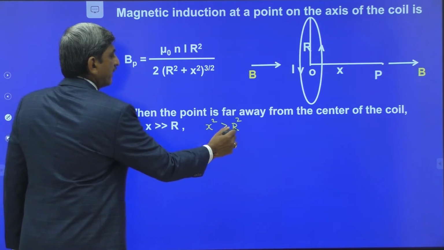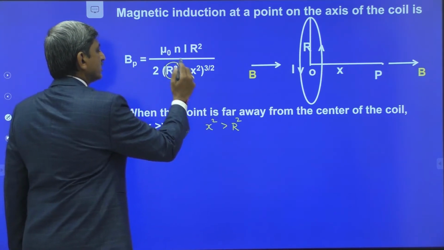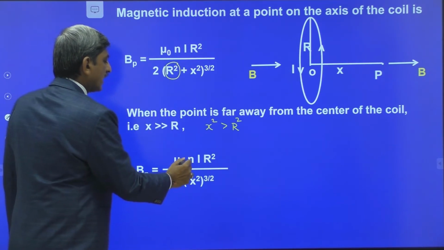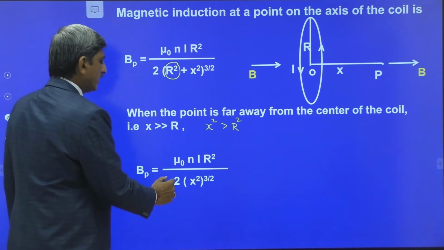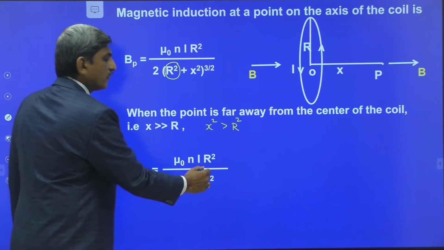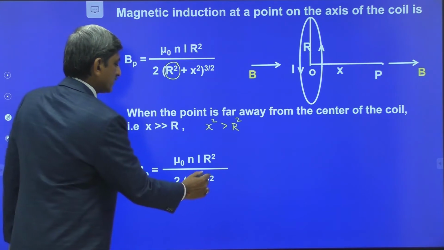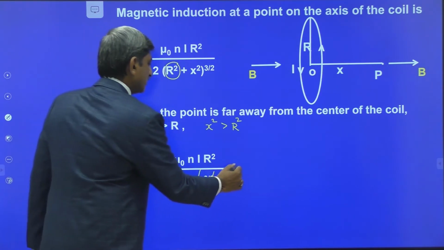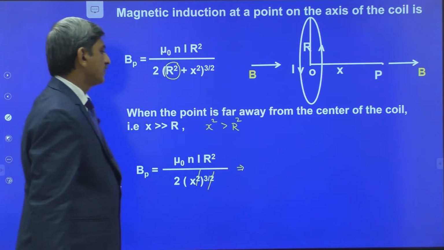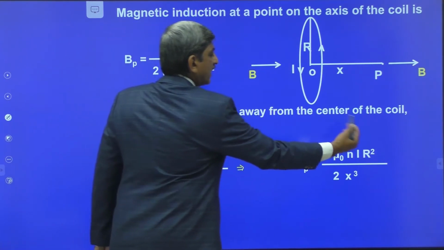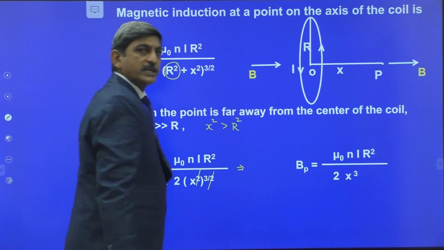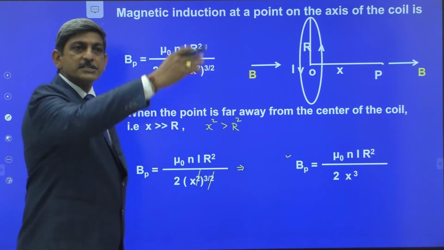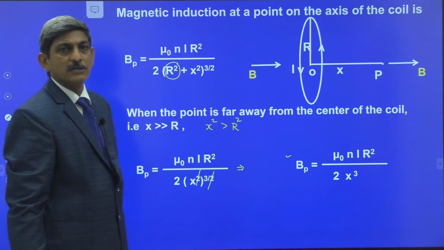So by neglecting this r square value in this equation, this can be written as Bp is equal to mu naught N i R square divided by 2 into (x square) whole power 3 by 2. So this 2 by 2 are cancelled, and this equation can be written as Bp is equal to mu naught N i R square divided by 2x cube.